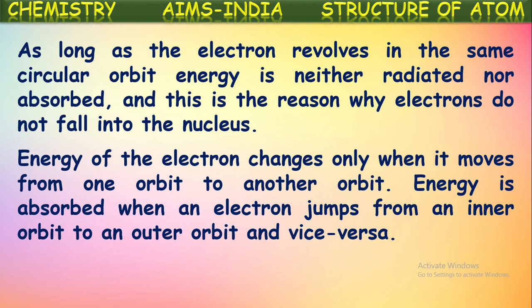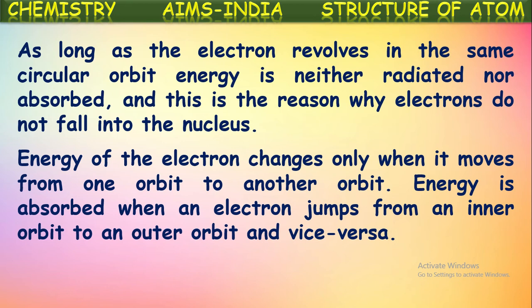Energy of the electron changes only when it moves from one orbit to another orbit. Energy is absorbed when an electron jumps from an inner orbit to an outer orbit and vice versa. Okay, energy changes occur only when electrons jump from one orbit to another.